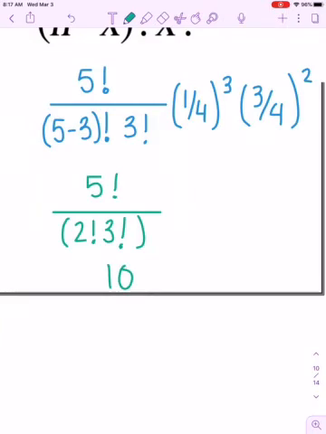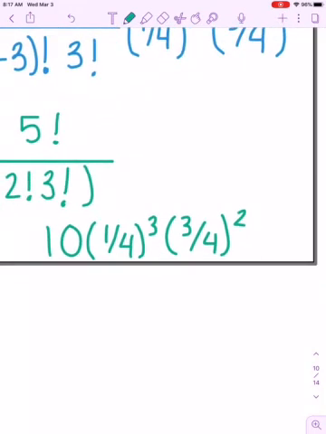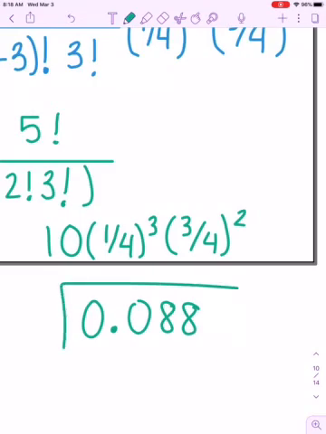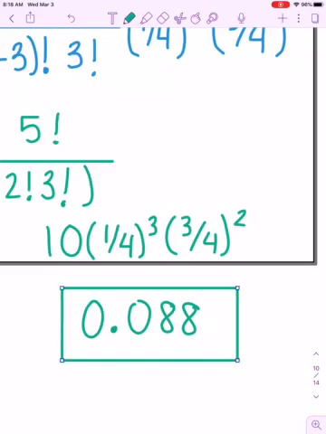So from that fraction, I got 10. So then I'm going to do 10, and then I'm going to do 1/4 to the third and 3/4 squared. And I can put that all in my calculator at once. So 10 times 1/4 to the third and 3/4 squared. 0.088.